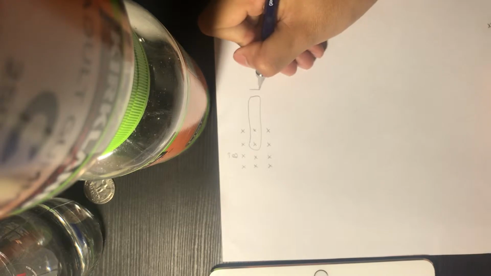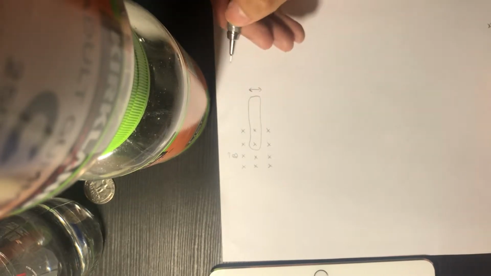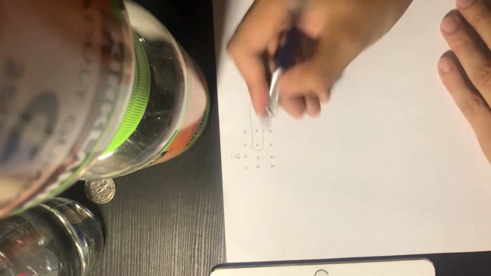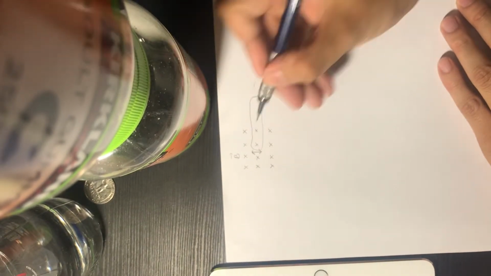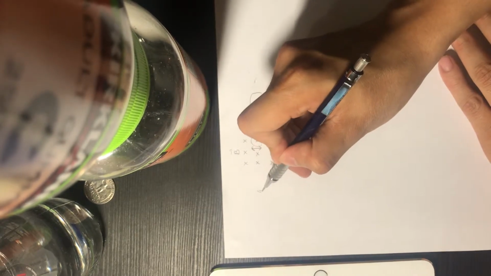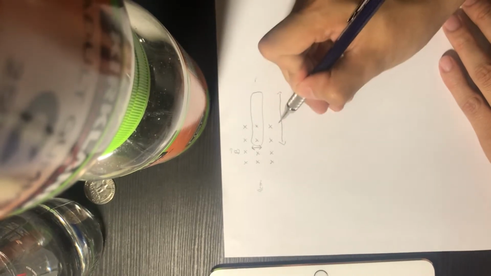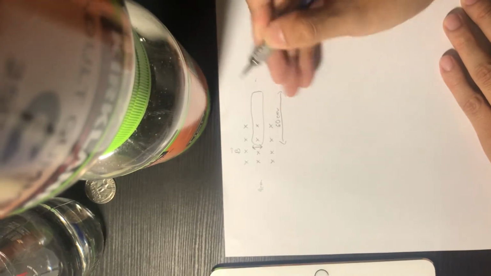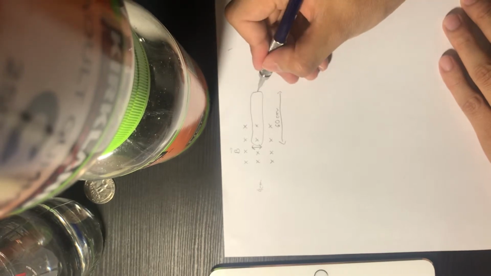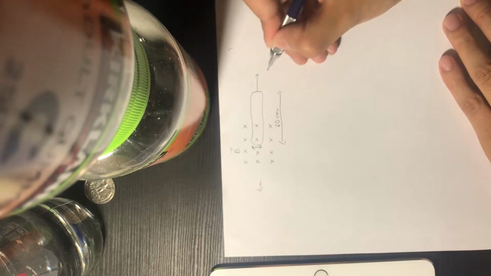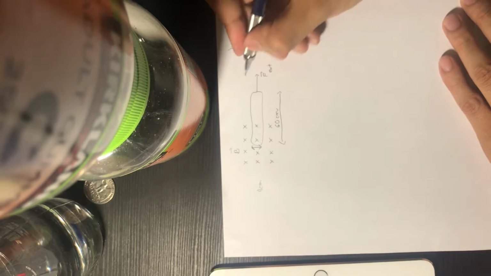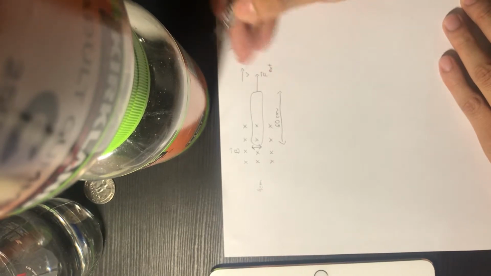This length is 4 centimeters and this length is 60 centimeters. The loop is pulled by an external force from the left to the right with a velocity v.